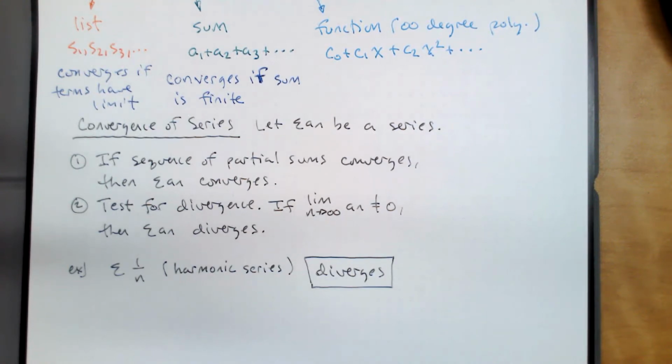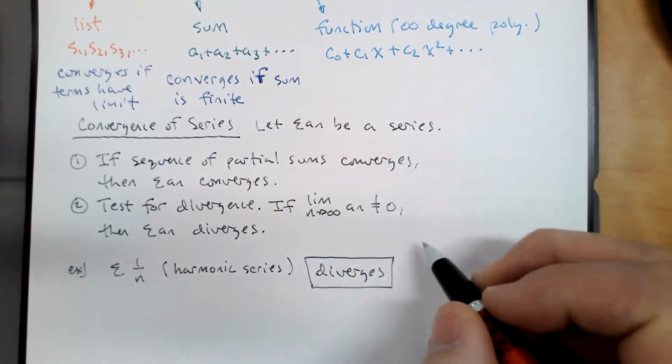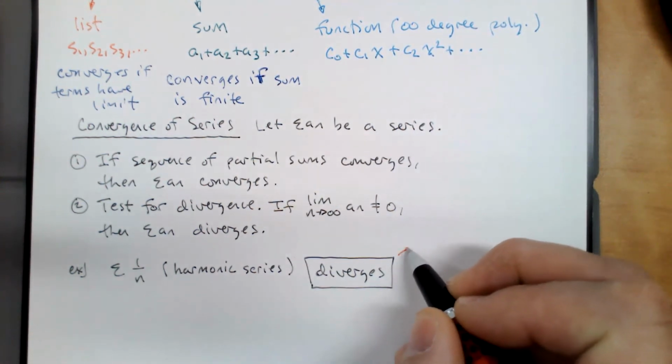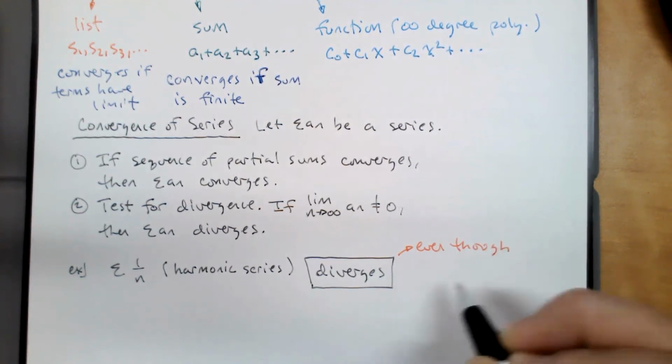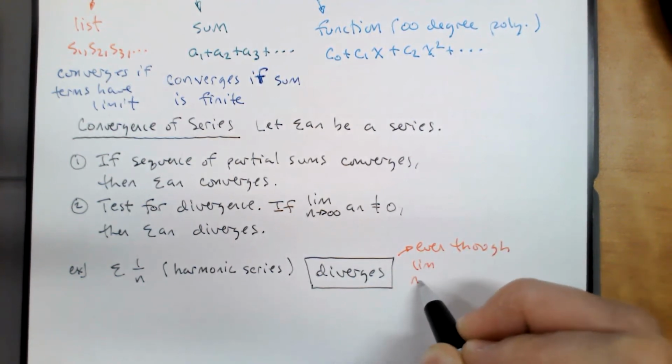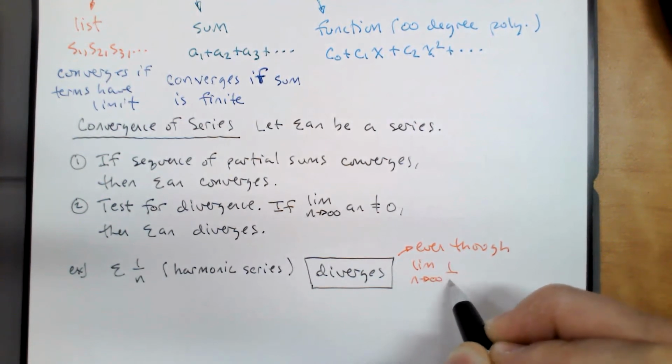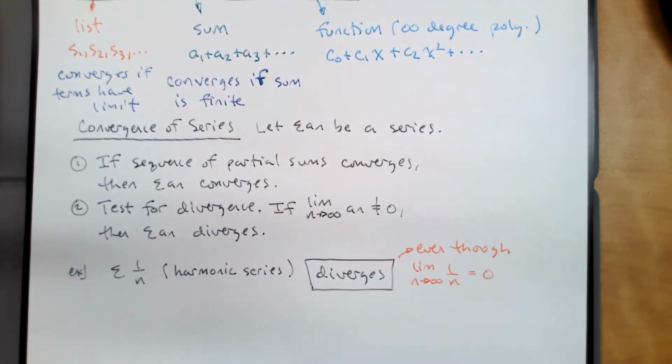The limit of the terms is 0, and the series still diverges. This is interesting because this series diverges despite the fact that the limit of the terms is 0.